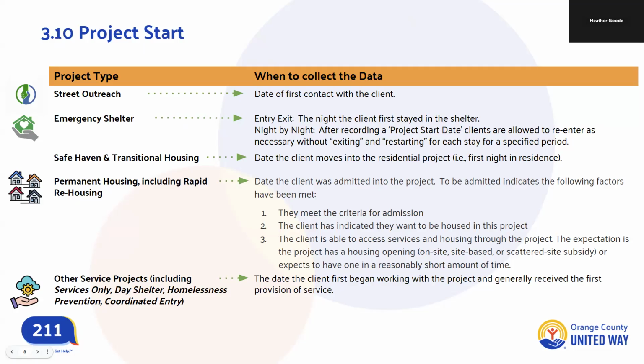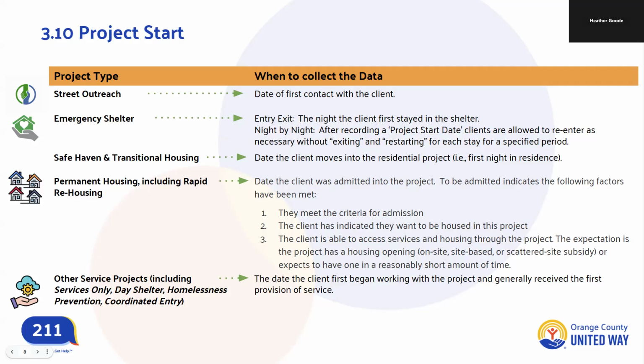And for night by night, after recording the project start date, clients are allowed to re-enter as necessary without exiting and restarting for each stay for a specific period. So they're enrolled and then using a bed night service to record the nights that they spend the night.